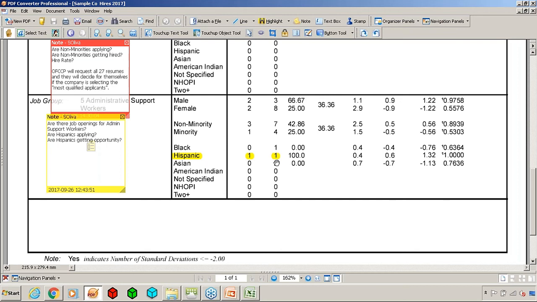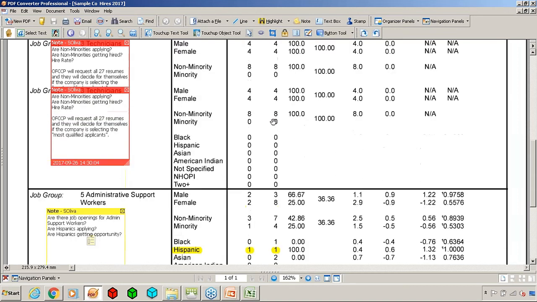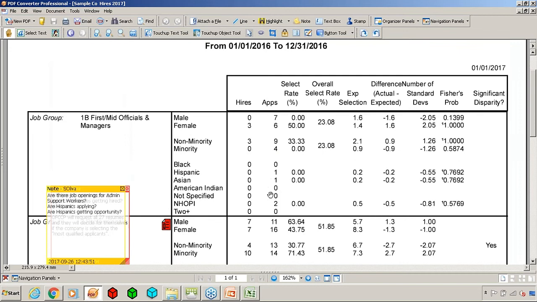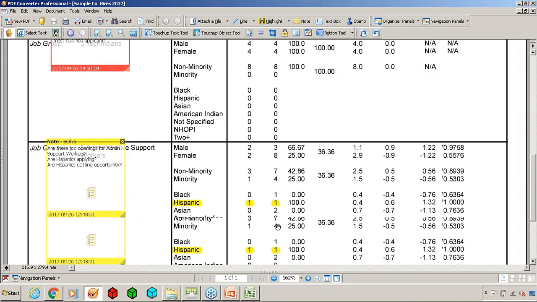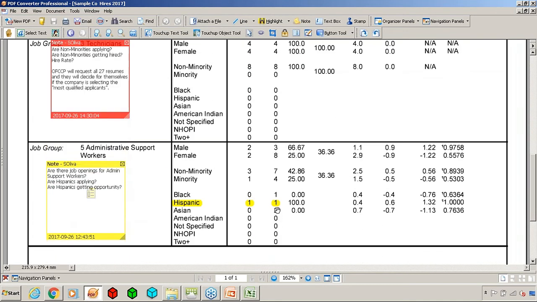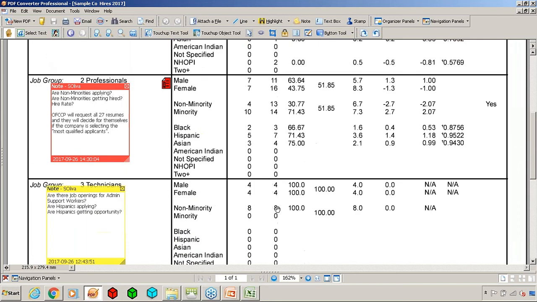And you might have individuals that applied for the job that are not qualified. So this applicant pool right here, all these people that applied, only covers those individuals that were truly qualified. So you don't want to have a lot of people on here just to show a robust applicant pool if they're not qualified.